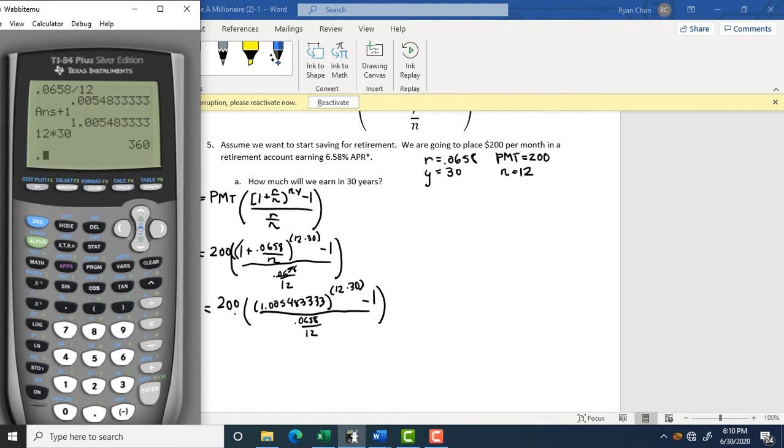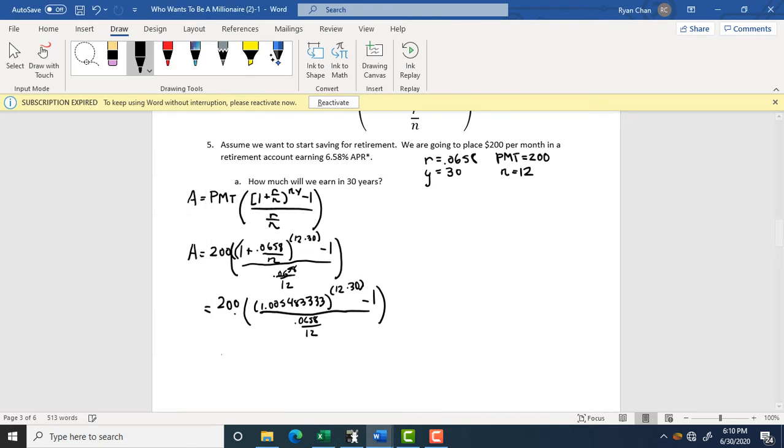I'll also do the 0.0658 divided by 12, the bottom part here. Okay, so it's going to look like this. When you're doing your work, you want to go out as far as possible, because if you round as you're going along, you're actually going to get a slightly different answer. So notice I'm actually writing everything out, right? I'm not stopping after the 4th place. I'm going like 10 places over.